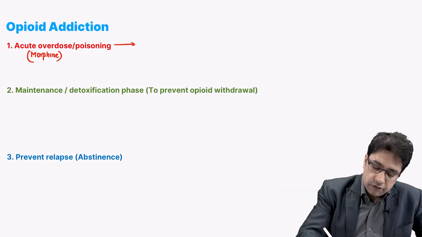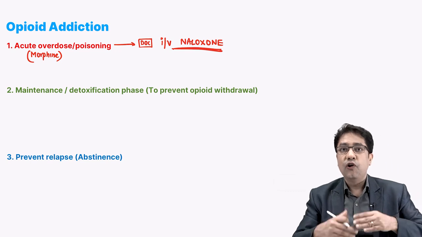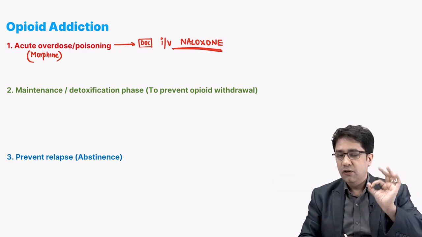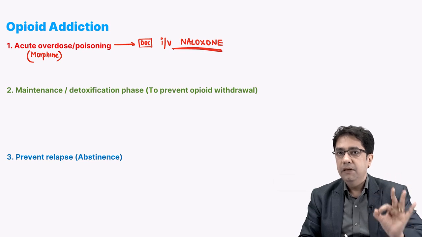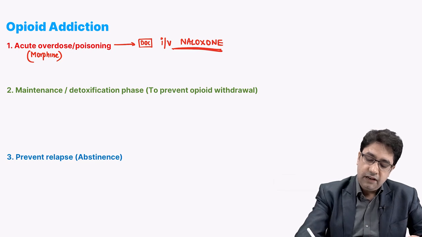The drug of choice for opioid antidote is intravenous naloxone, because naloxone will produce opposite symptoms. Can you think what will be the effect of naloxone? Naloxone will have effects similar to withdrawal symptoms.